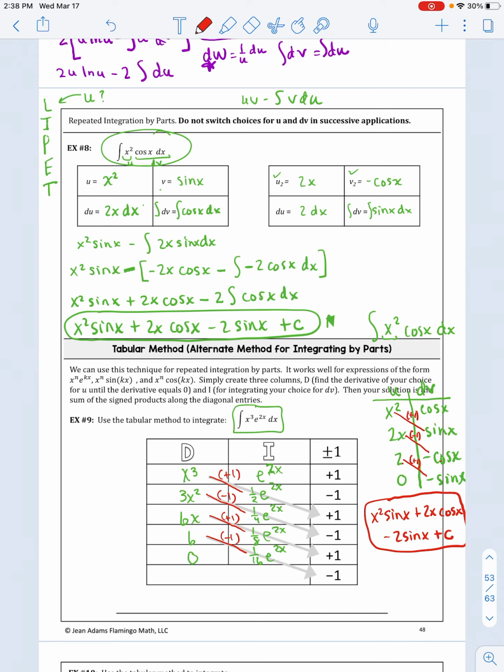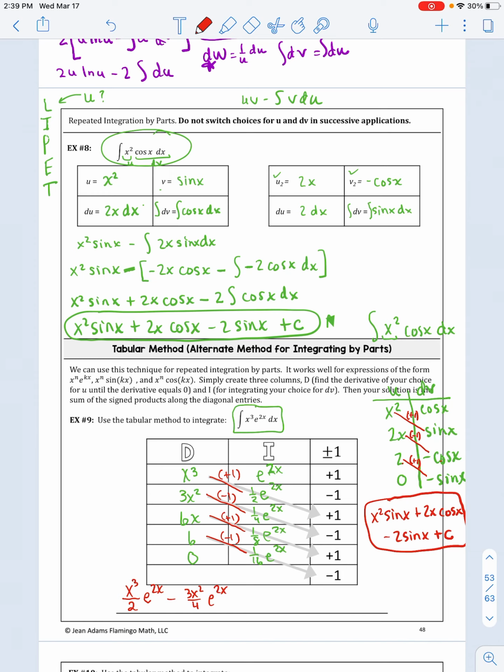So when I do the multiplication here, I've got 1/2 times x to the third times e to the 2x times +1. And so I'm going to write that as x to the third divided by 2, e to the 2x, okay? And then I've got the 1/4 times 3x squared times -1, so that's -3x squared over 4 times e to the 2x.